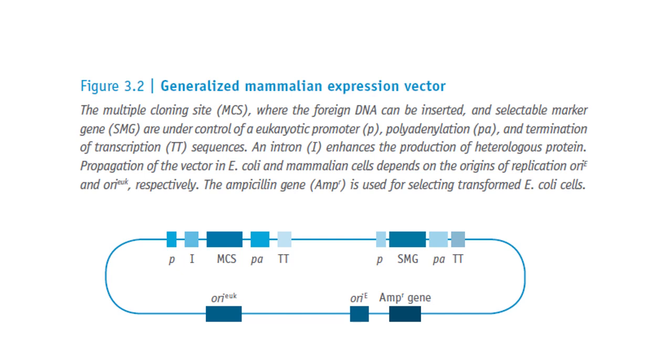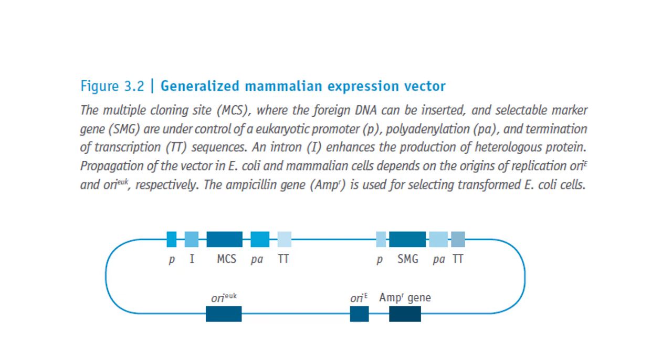Propagation of the vector in E. coli and mammalian cells depends on the origin of replication. There are 3-4 different origins of replication possible. So it's a binary vector. You can express it both in E. coli as well as in eukaryotic cells. So two origins of replication are there.